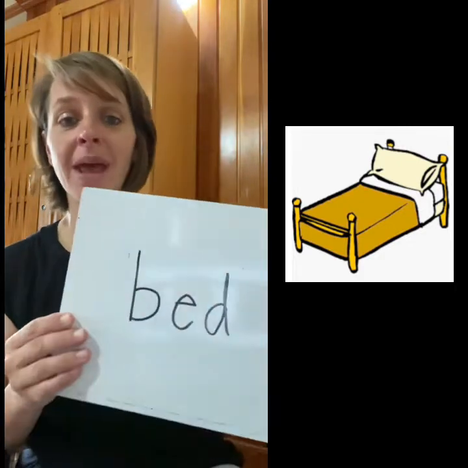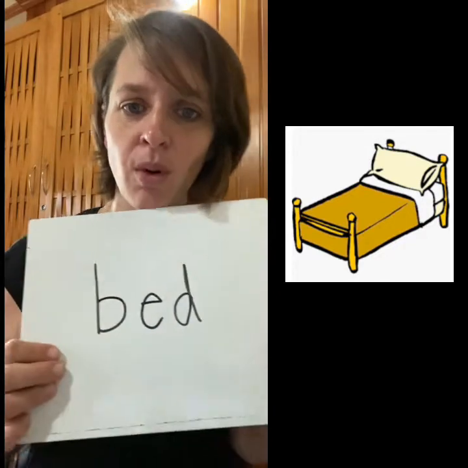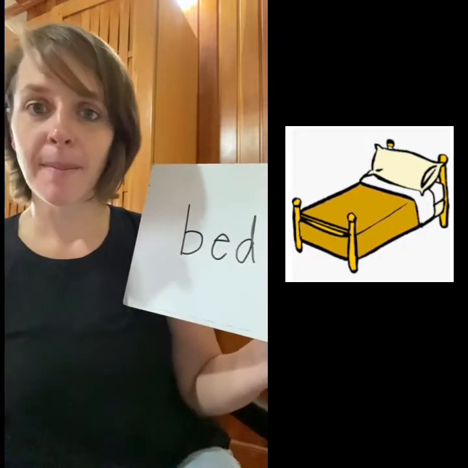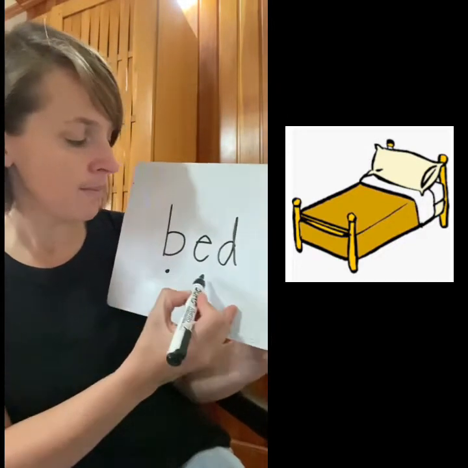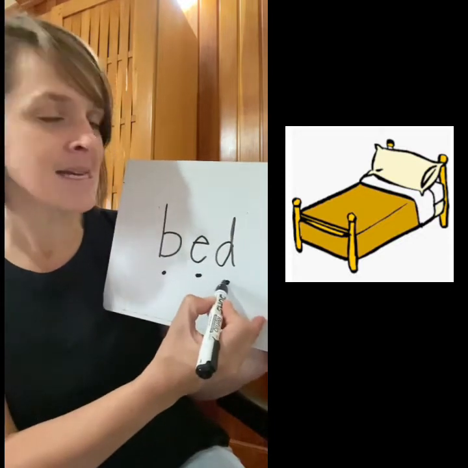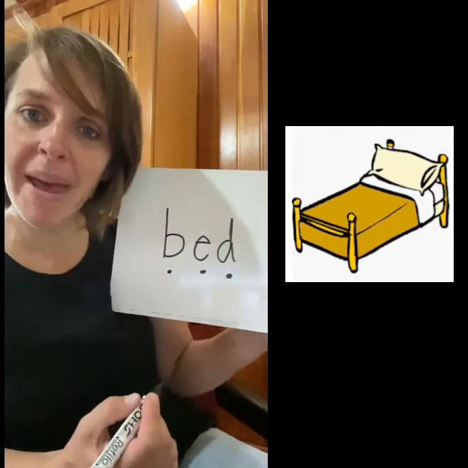So now let's listen and identify the sounds and the letters in the word bed. So let's now say it slowly. B-E-D, bed. So I have the word bed already written on my board. So let's look at the beginning, middle, and ending sounds of the word bed.